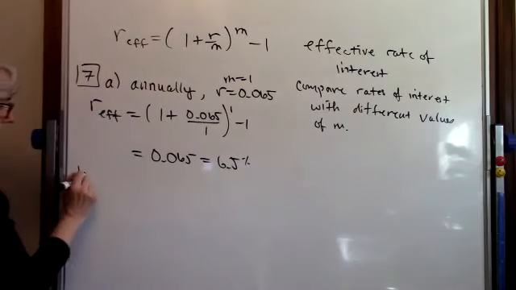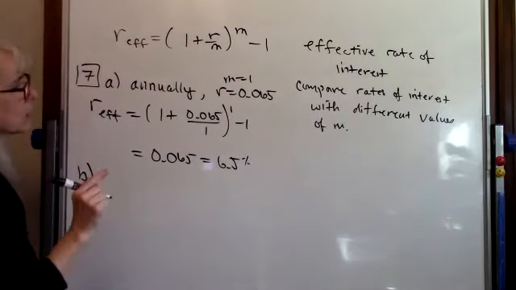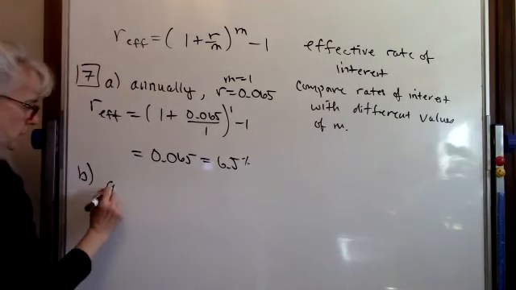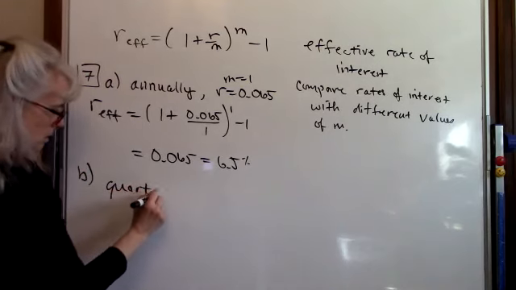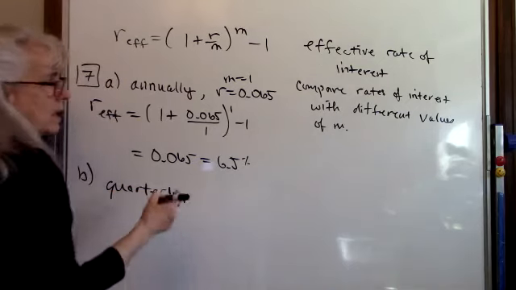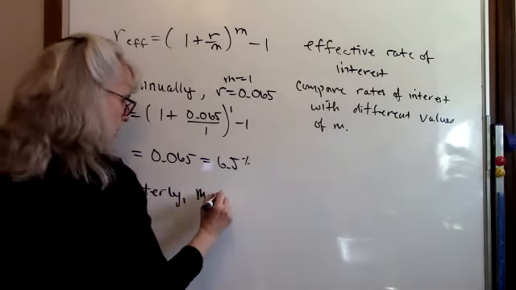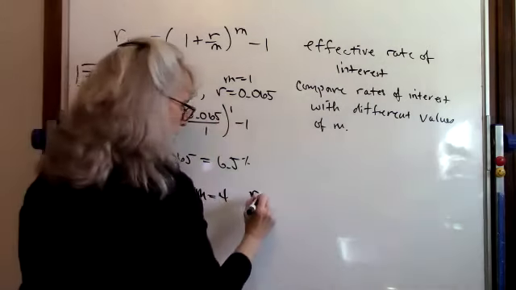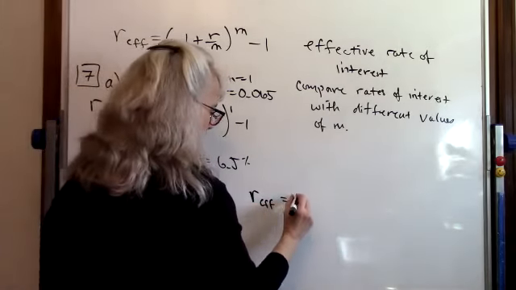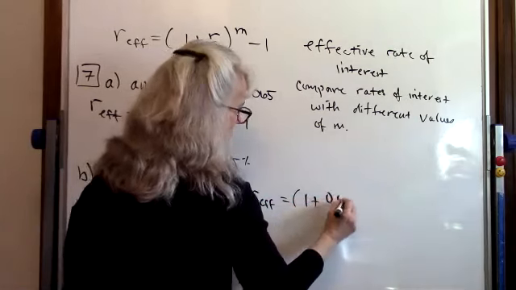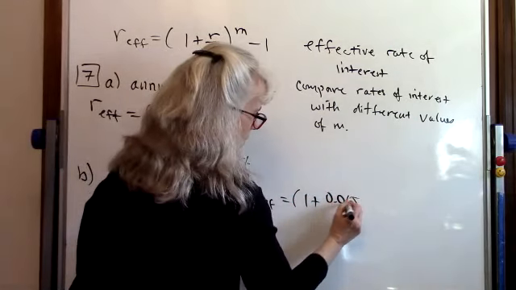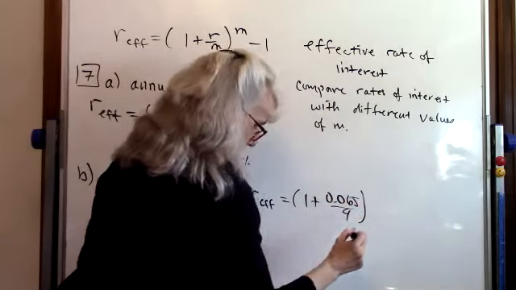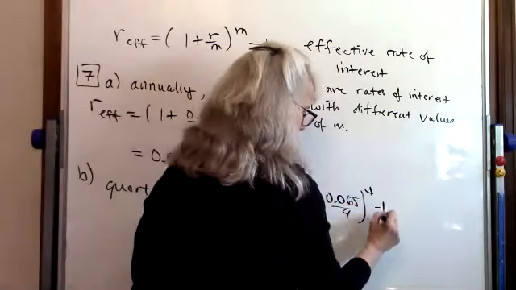Okay, but what if instead the bank says, oh no, we're going to give you a quarterly rate? How would you compare that with an annual rate? So now we're going to use m equal to 4. We're still using the same rate of interest, but we want to know what the effective rate is. So that would be 1 plus the 0.065 divided by 4 to the 4 minus 1.